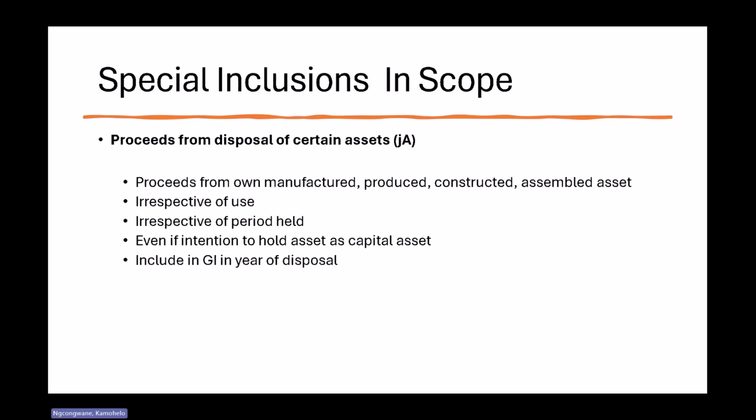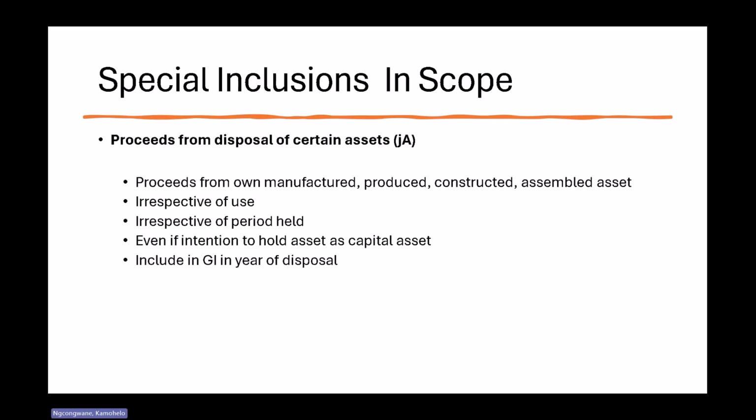So if I produce a machine for use in my factory, and when I sell that machine to somebody else, my intention when I produced this machinery was to use it as a capital asset. It was to produce items that I could sell.